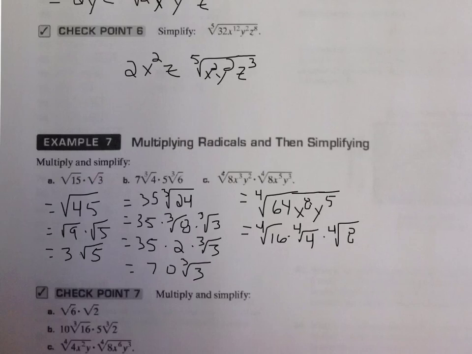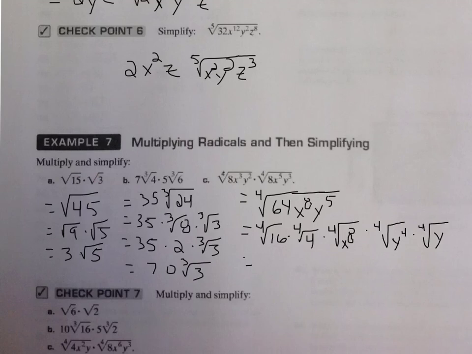Oops, now I screwed it up. I can't erase it. I'm going to have to scratch this out. Or just make it x to the 8th. Times the fourth root of y to the 4th times the fourth root of y, because y to the 4th times y makes y to the 5th.